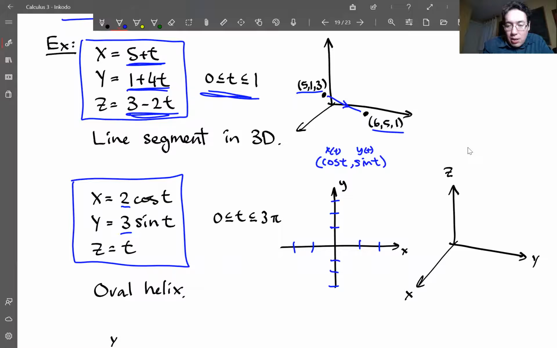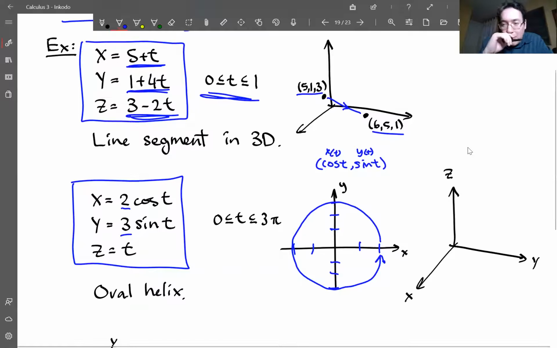So it would trace out an ellipse like that, but it's still similar to a circle. I think we can handle that, but it's only in the x and y directions, so that is happening in the xy plane.